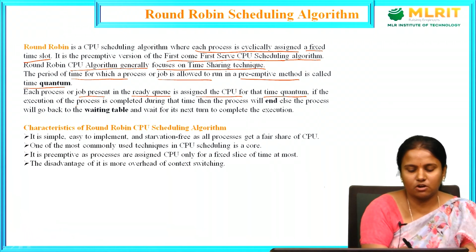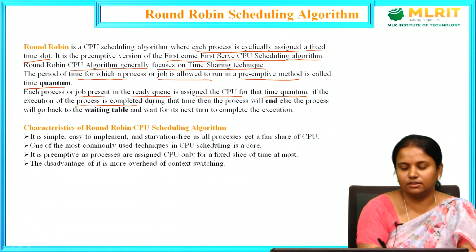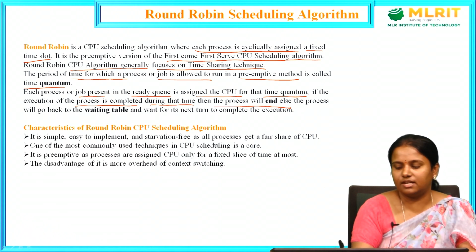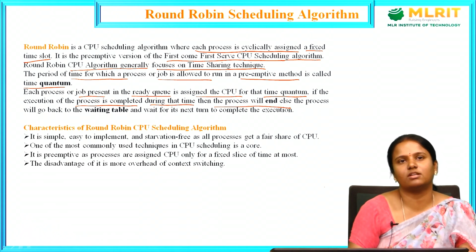If the execution of the process is completed during that time, then the process will end. Otherwise it cannot end. Why? Because while the process is under execution, no other process can enter. Until the process ends, no other process can enter.